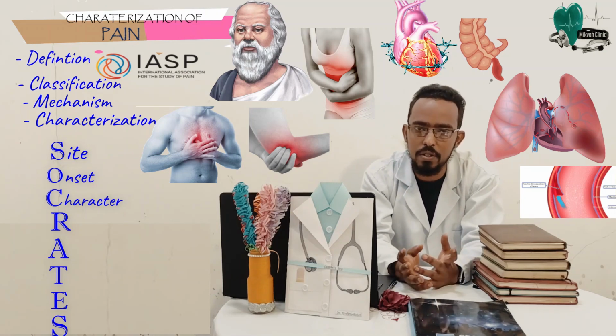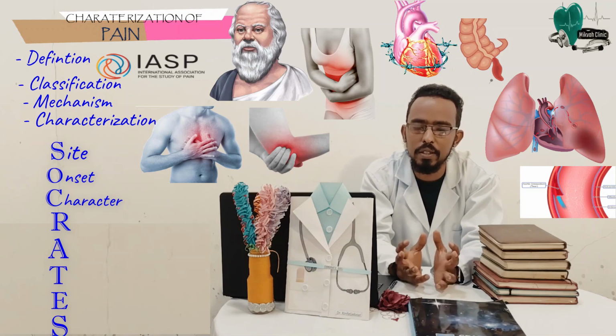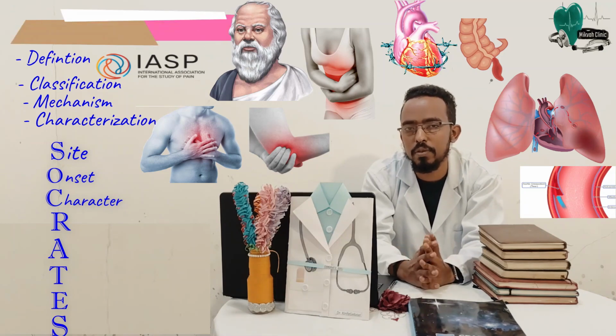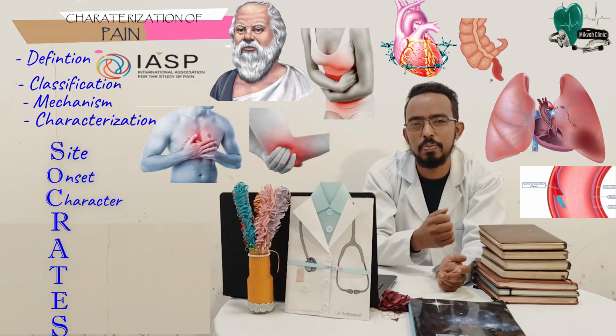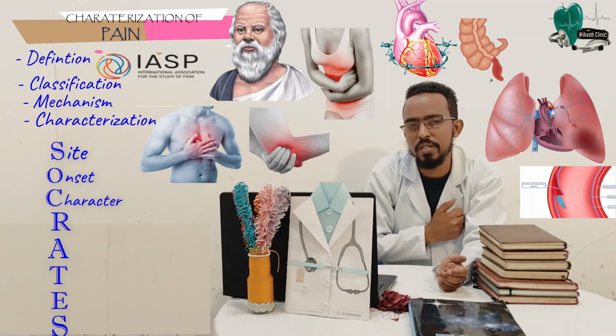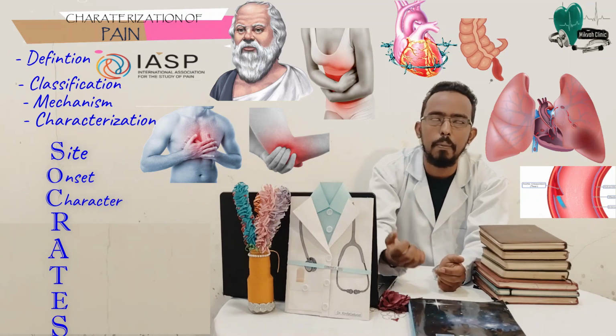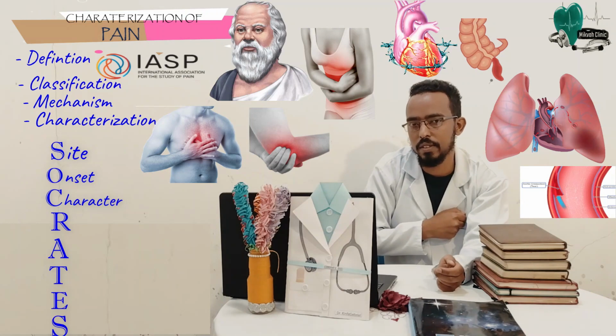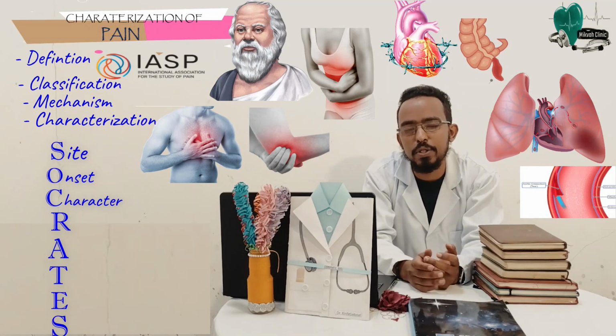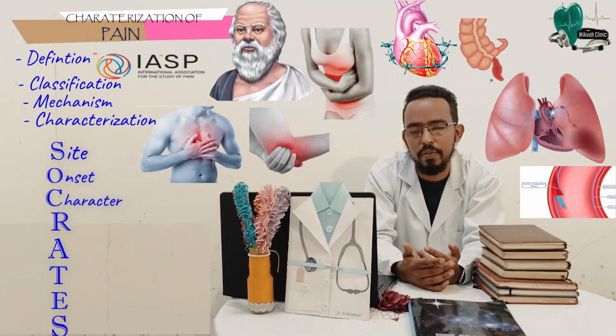For example, if I say the patient came to hospital because of pain, what is your differential diagnosis? Almost everything can be your differential diagnosis. Someone may say, oh, this patient might have myocardial infarction, or he has underlying cardiac illness. And another person may say, this patient might have appendicitis.